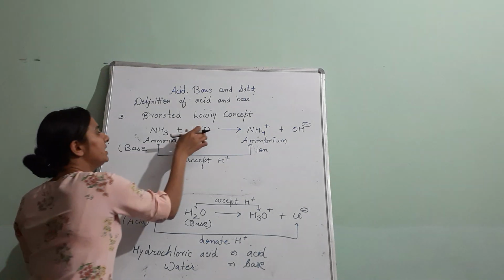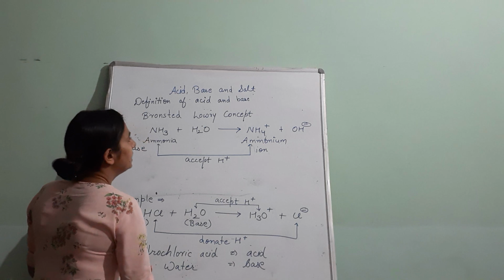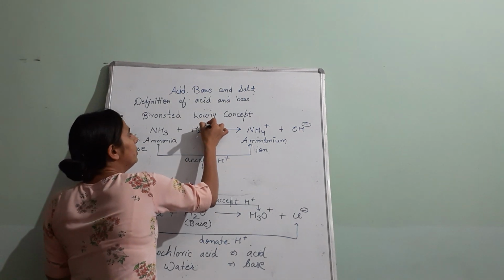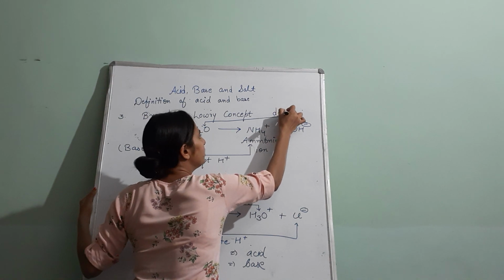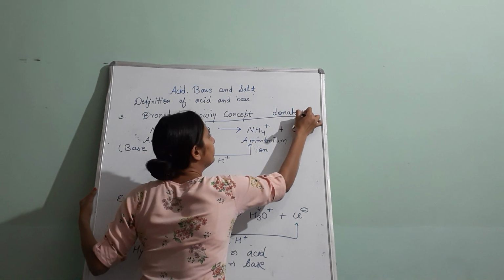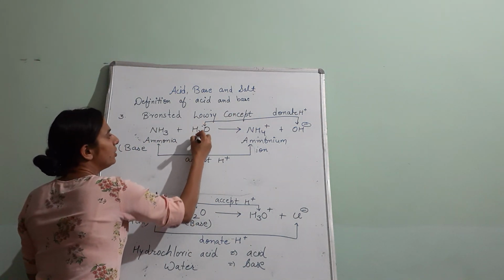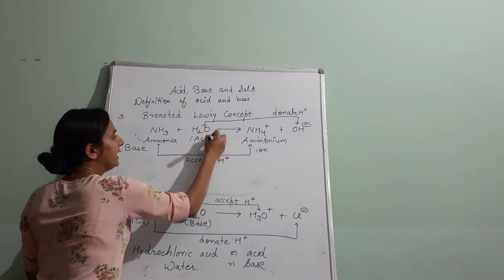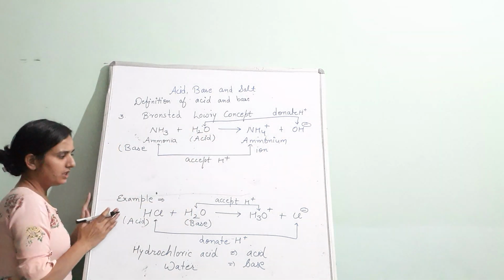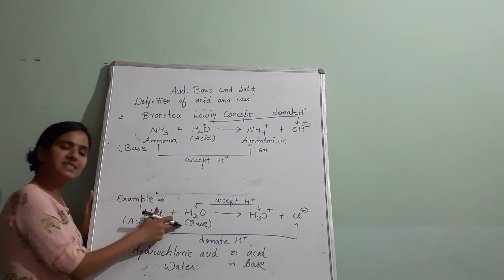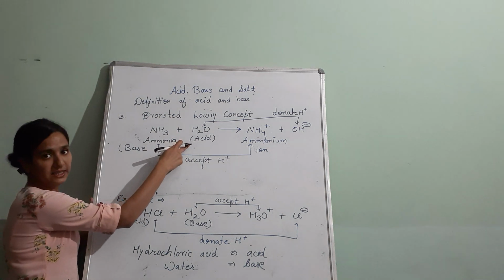In this reaction, this H2O is converted into OH negative ion by simply donating H positive, and the compound which donates H positive is known as acid. Now observe these two reactions collectively. In the first reaction, water acts as base. In the second reaction, water acts as acid.